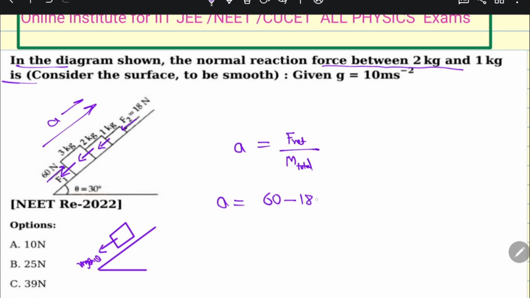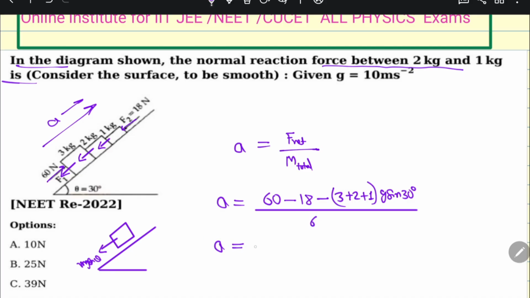So this also comes negative, and here I take g sin theta common, and their masses are different. So 3 plus 2 plus 1, that is g sin 30 degree, divided by the total mass 2 plus 1 plus 3, that is 6.